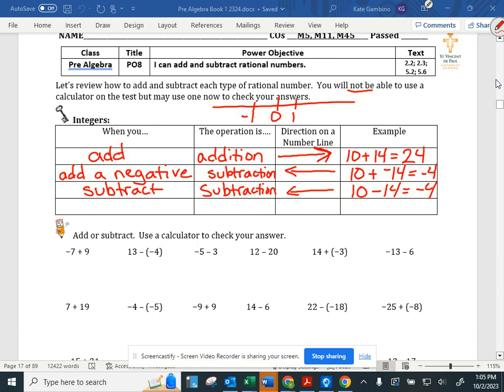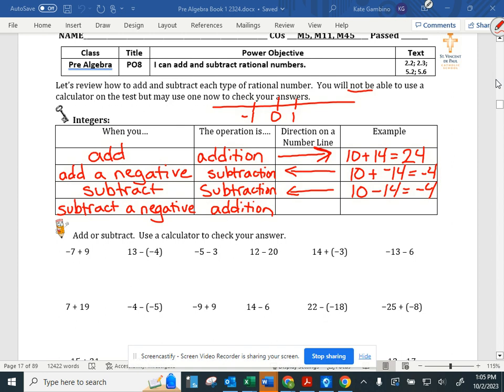But now, like up here, we added a negative. If we subtract a negative, our operation turns to addition. So that negative number, adding or subtracting a negative, flips our operation.